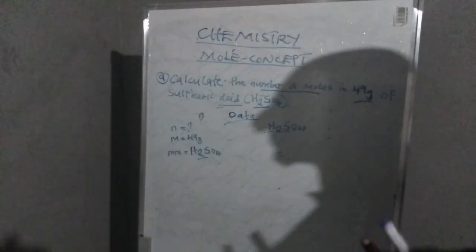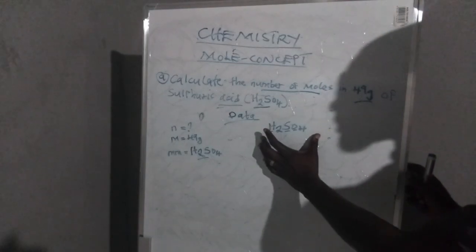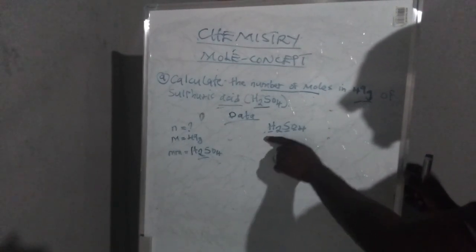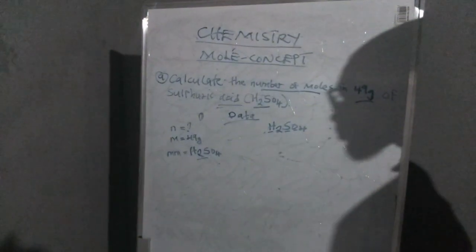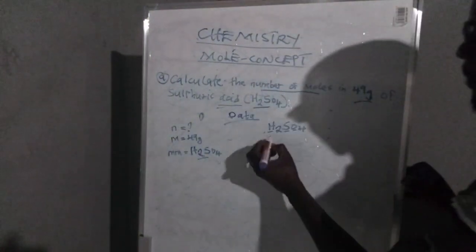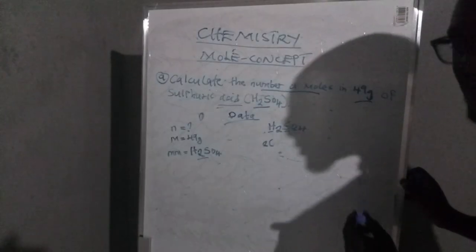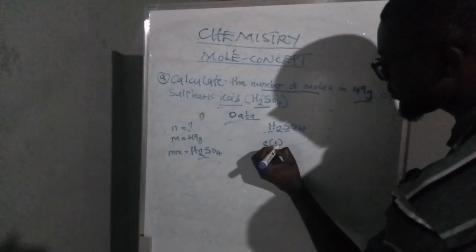But when it comes to mole concept, for you to get the proper molar mass, you need to break down the elements. That is hydrogen, and we have got 2 hydrogen, we have got 1 sulfur, and we have got 4 oxygen in this regard. So we are going to say 2, open bracket, what is the molar mass of hydrogen? When you go on the periodic table, it is 1.